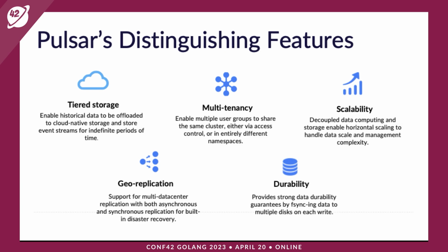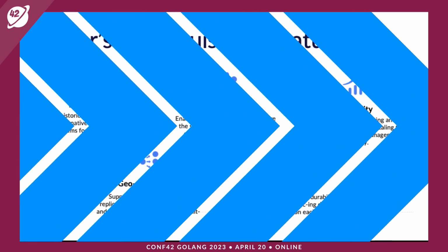Pulsar's 2-tiered design also enables elastic scalability on both tiers, so you can exploit Kubernetes features such as auto-scaling to take full advantage of those capabilities. Last but not least, it was also developed to support geo-replication and multi-tenancy from the start and provide stronger data durability guarantees by flushing all messages to disk before acknowledging them.